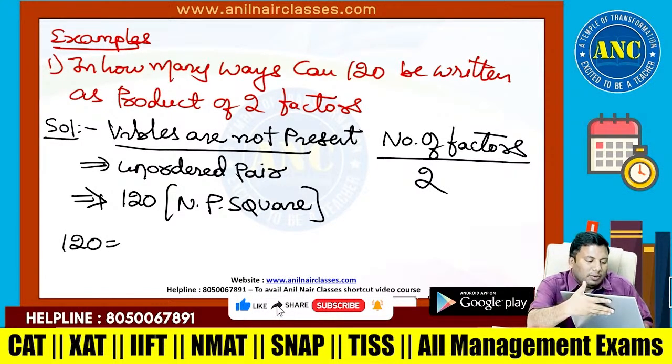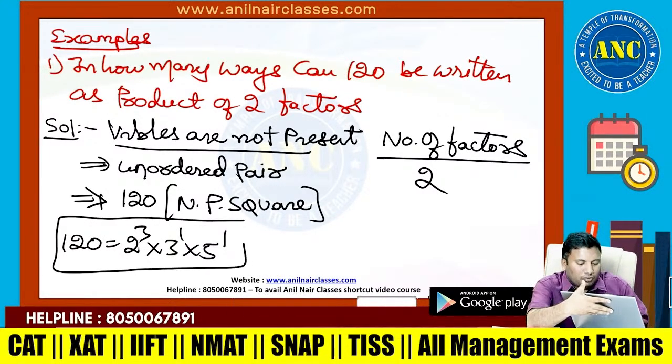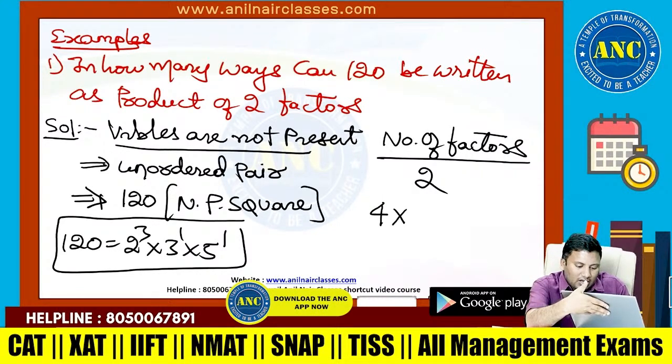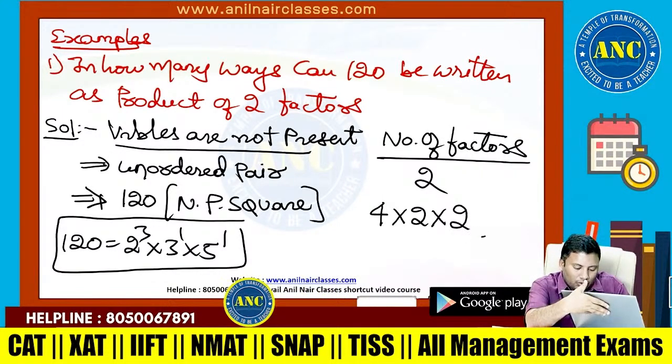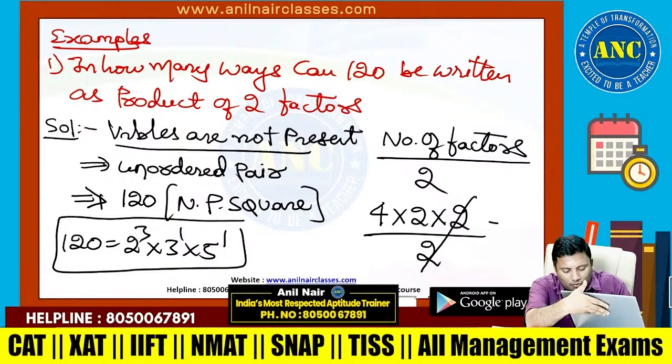120 is nothing but 2 cube into 3 into 5. 8 into 15 is 120. So this is 4 into 2 into 2 divided by 2. 4 2s are 8.